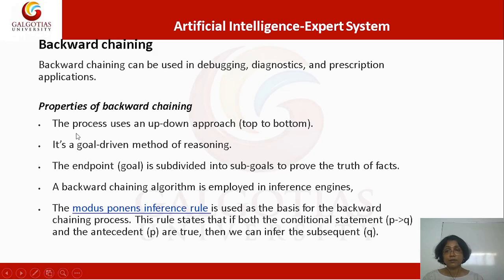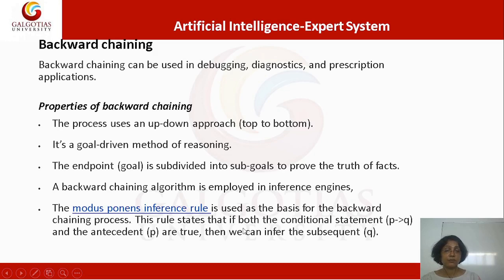The properties of backward chaining are: this process is an up-down approach, top to bottom. It is a goal-driven method of reasoning. The endpoint is subdivided into subgoals to prove the truth. The backward chaining algorithm is deployed in the one rule that you had already studied in description logic, the modus ponens inference rule, as the basis for backward chaining.